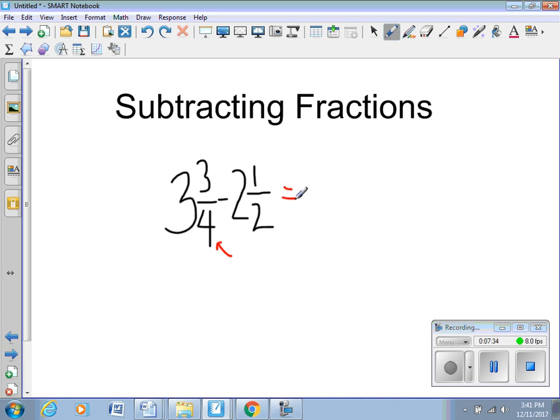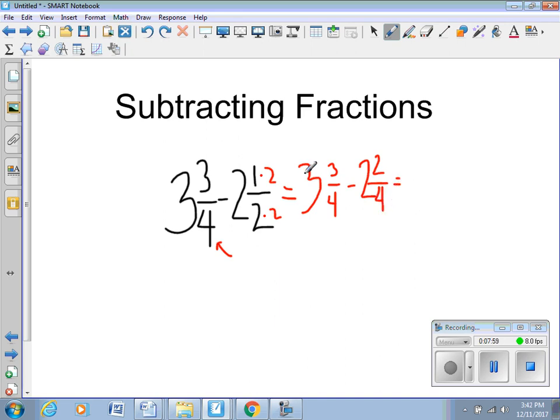So I'm just going to carry over 3 and 3/4. Carry over my 2 as well. I'm going to multiply this by 2, multiply this by 2 in order to make it out of 4. 1 times 2 is 2, 2 times 2 is 4.